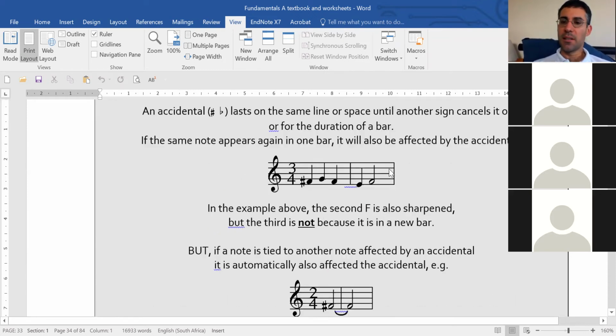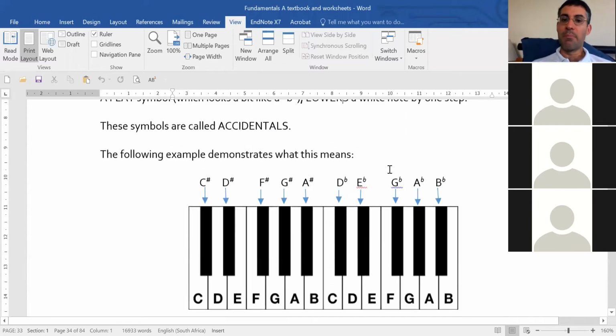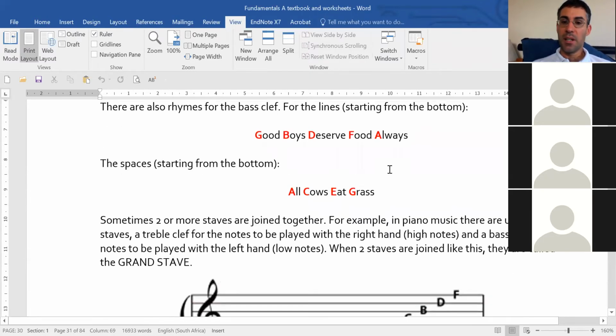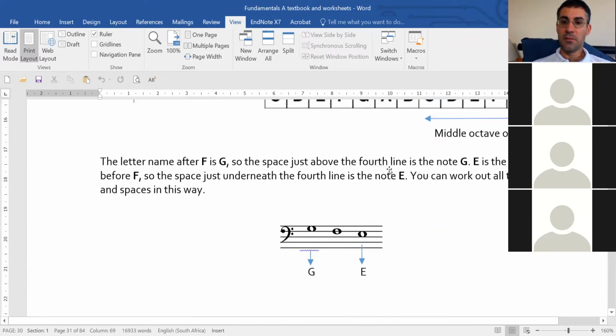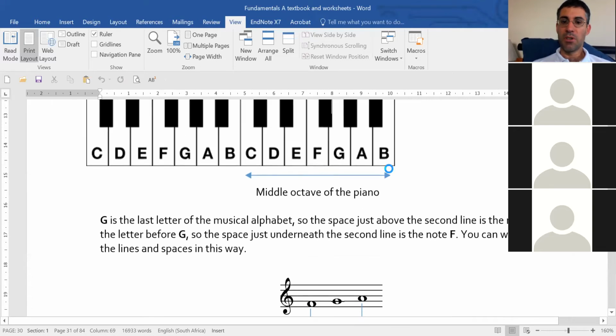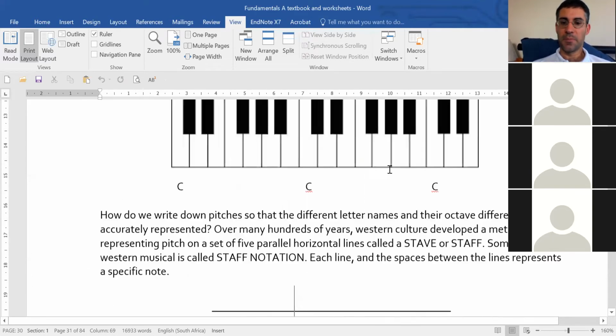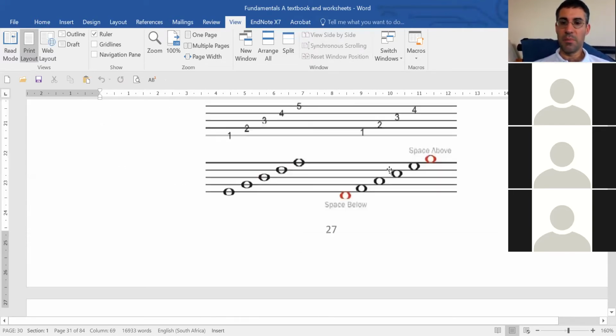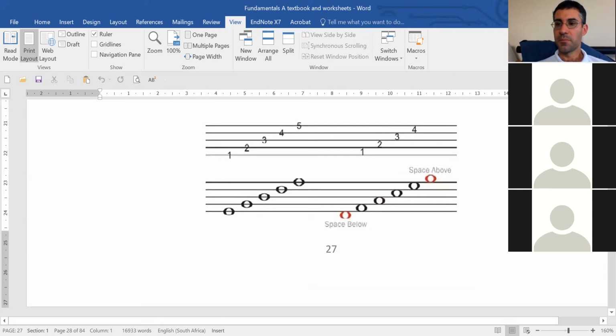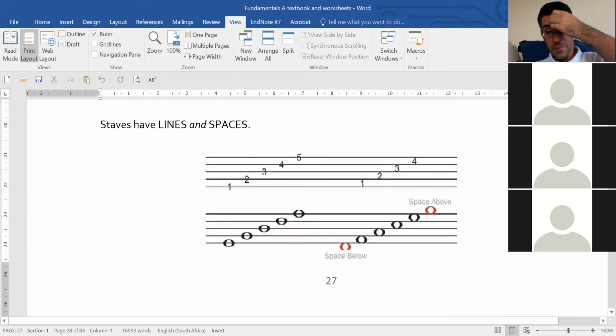Now, what happens when we go above or below the stave? So let's just have a look here. I want to show you another picture here. This is an important picture here. If we look at the 5 lines, you can see that you can write 5 notes, one on each of these lines.